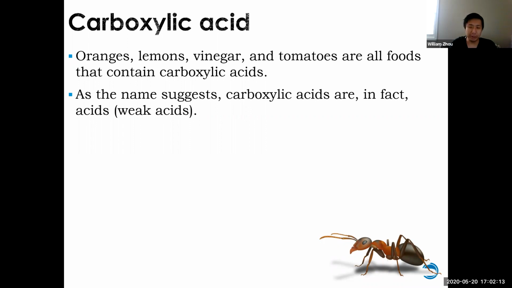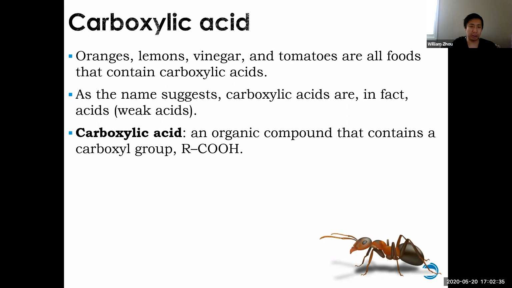We have learned a lot about acids in grade 10 and grade 11. However, we didn't really focus on organic acids, mostly the inorganic ones like HCl, like HBr or sulfuric acid, carbonic acid, all those. Organic acids all have a carboxyl group, okay, and these are called the carboxylic acids.